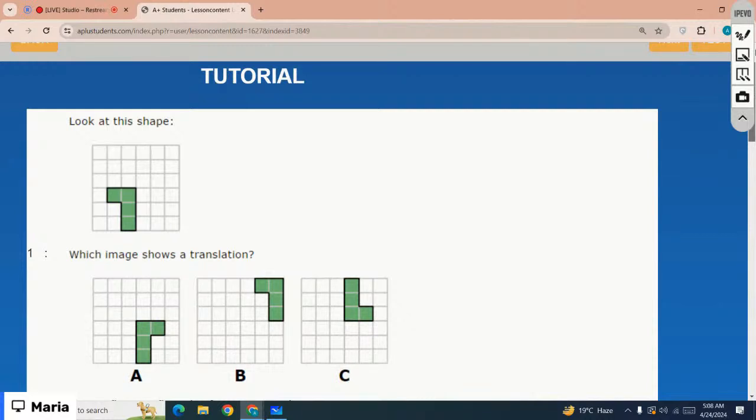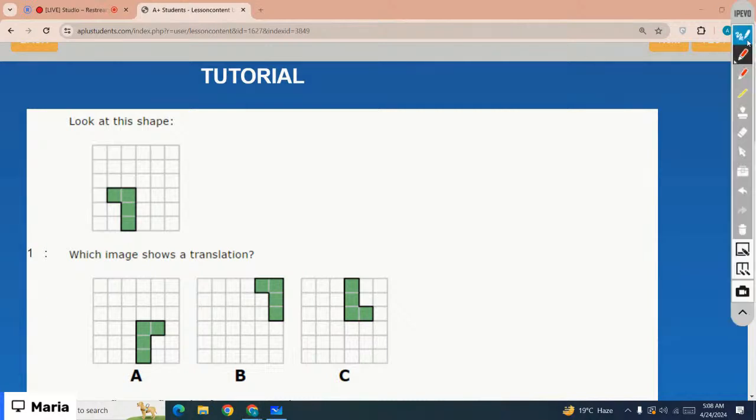If you look at A, just be careful while looking. Match this line. A is the mirror image of this one.